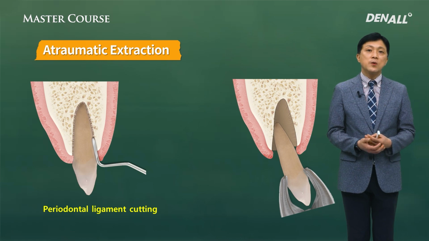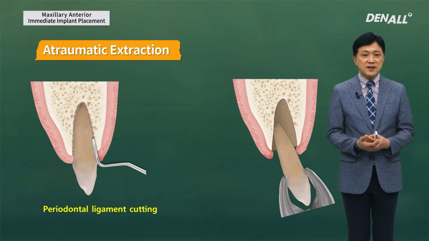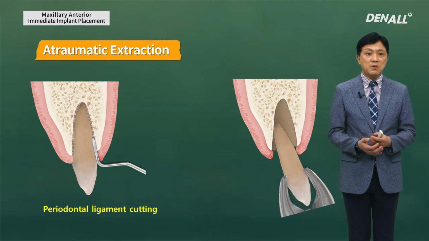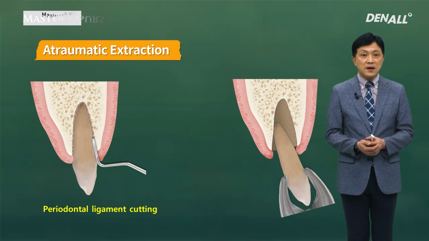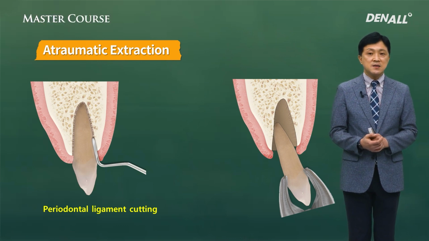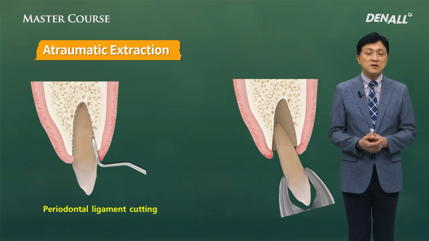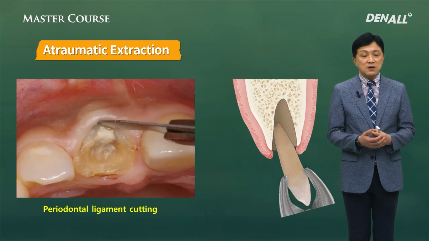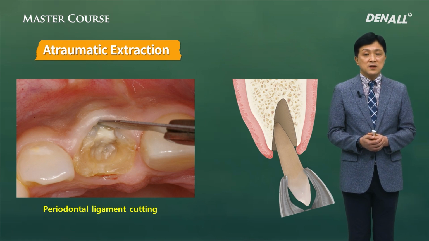During extraction, trauma to soft tissue and alveolar bone needs to be minimized. So the periodontal ligament needs to be cut first, before extracting the tooth. You can do it with a blade like this, or you can use a periotome.